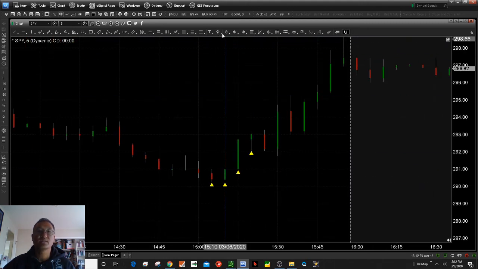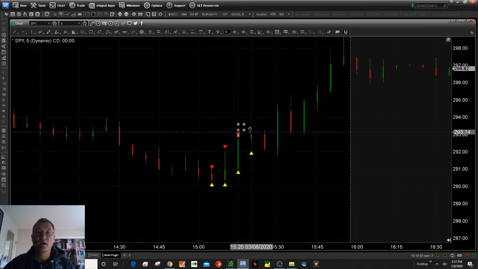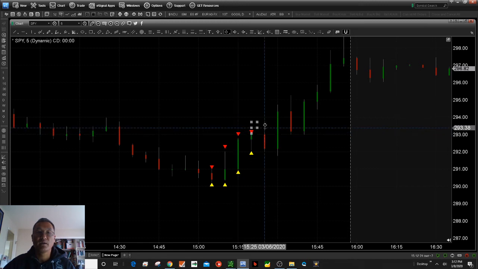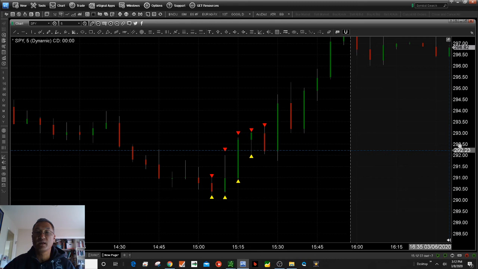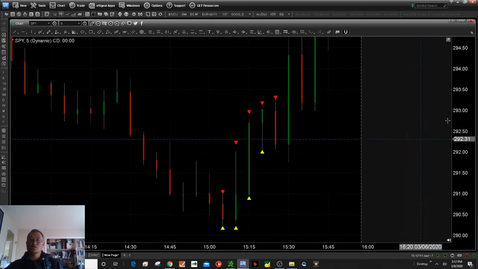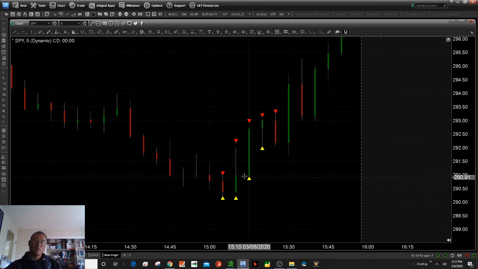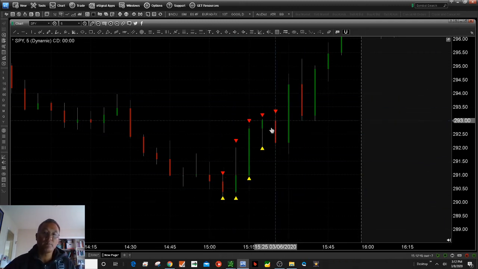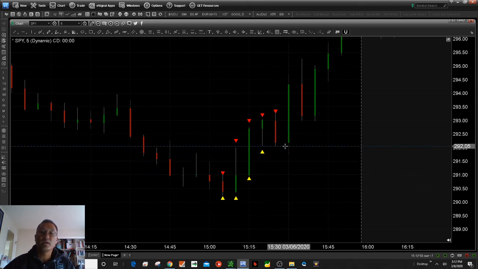And as you can see, as this is happening, you have a high, a higher high, a higher high, a higher high, and even a higher high than that. So in this short 20-minute period, you have a trend that's moving up. Even though you have a red candle here, it's the same level as the low here.